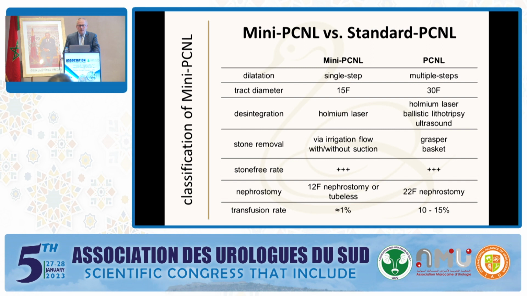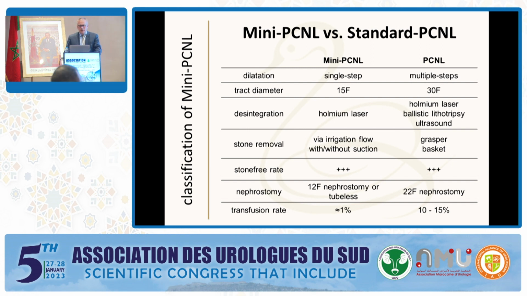If we are performing a mini PCNL, the stone removal is done without need of a grasper, without any basket or something like that. The stones are washed out by means of the irrigation flow. This effect is called the so-called vacuum cleaner effect, which is completely different to conventional PCNL. The stone-free rate is comparable, of course.